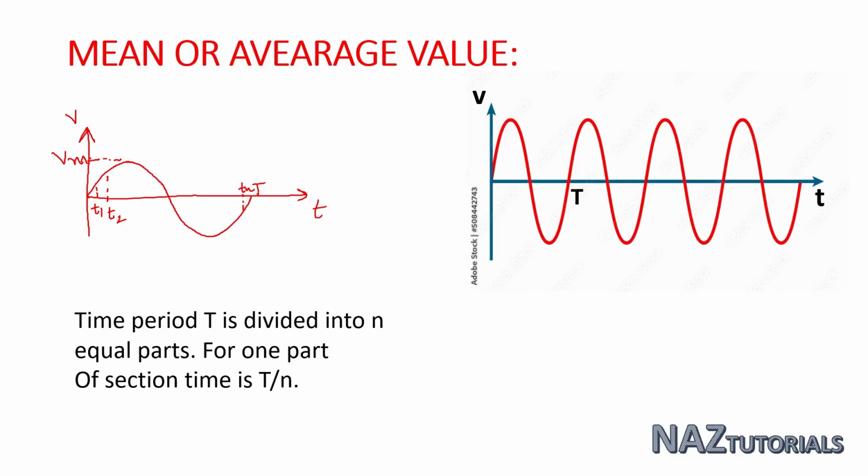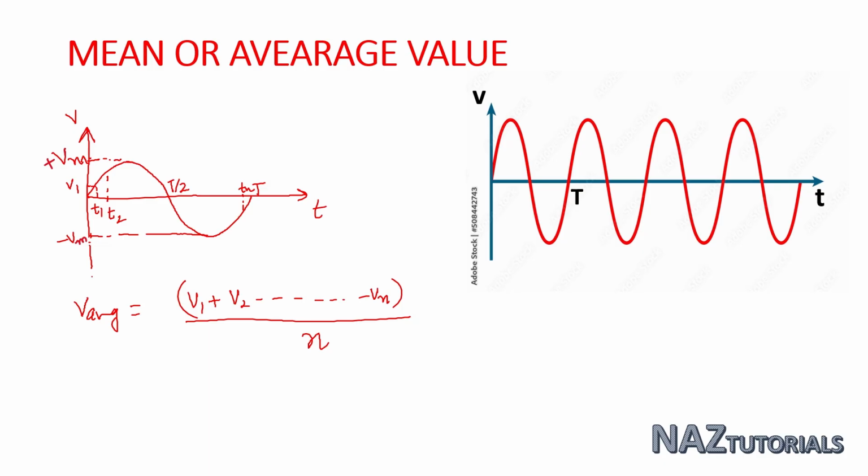The time t1 has value v1, t2 has value v2, and we take the average of all the values at every instant of time. So the average is V1 plus V2 up to Vn, for the time period t, divided by the total number of values, that is n values.